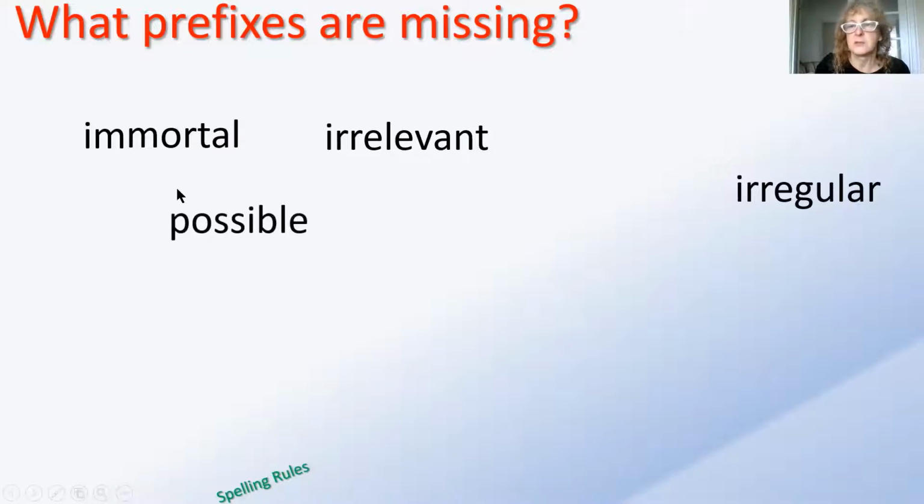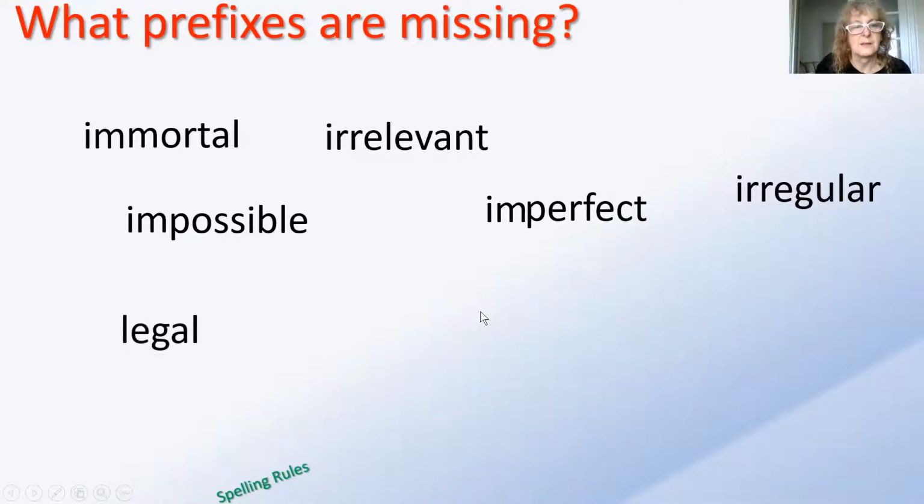Let's look. Possible. We've done this one, so we should find this really easy. Impossible. Remember the p, yeah, the p and the m, we just the im, don't we? Perfect. Well, that should be easy now because we know the rule from there. Imperfect. Wasn't quite right. Legal. It is legal. If we're legal, it means that we're in the law. We can do it. We're allowed to do it. If it is not in the law, it would be illegal.